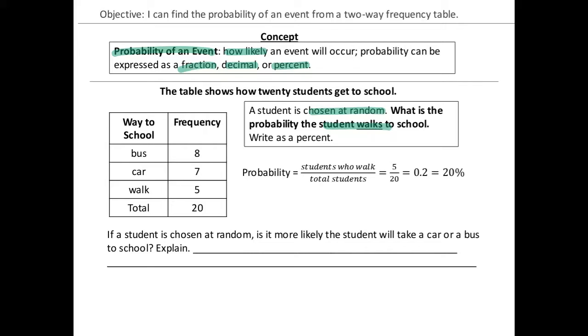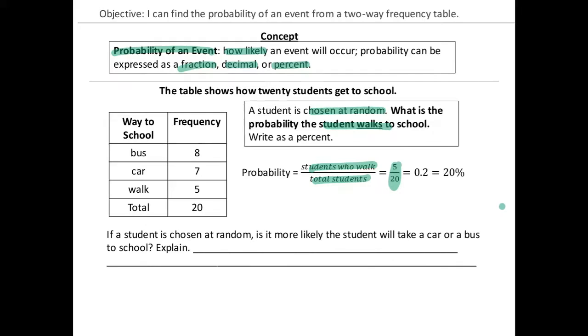The probability is students who walk over the total students. So 5 students walk to school for a total of 20 students. 5 over 20 gives us 0.2, which is 20%. So notice I have a fraction, a decimal, and a percent. Our probability can be expressed in all 3.